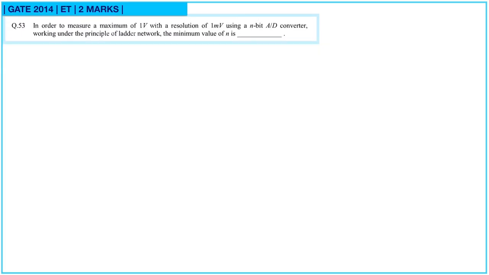Next is question 53. In order to measure a maximum of 1 volt with a resolution of 1 millivolt using an n-bit A to D converter working under the principle of ladder network, the minimum value of n is. Now resolution is equal to Vmax upon 2 raised to n, or Vfs upon 2 raised to n minus 1.